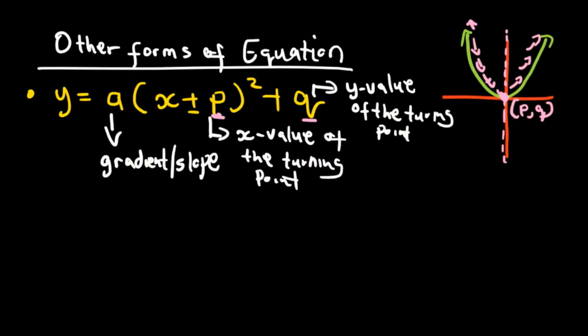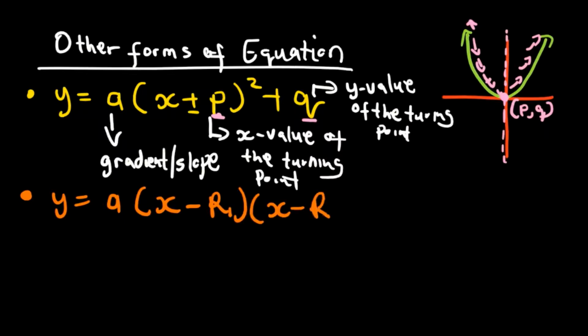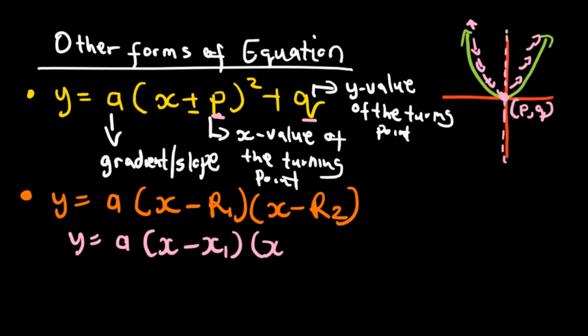Now, the second form of equation of a parabola is y equals a into (x minus r1) into (x minus r2), which can also be written as y equals a into (x minus x1)(x minus x2). So it's the same thing. Different books write it differently.